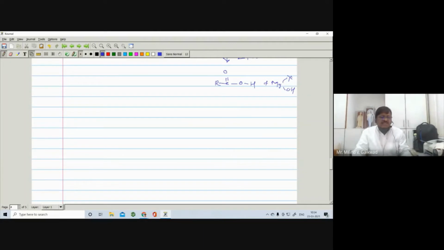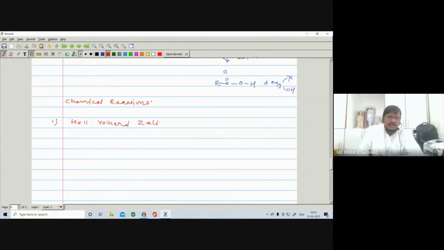So these are some examples. Second preparation. We have taken two examples of preparation. Let us see the reactions of this carboxylic acid. Chemical reactions. In chemical reactions, the first one is the Hell-Volhard-Zelinsky reaction.